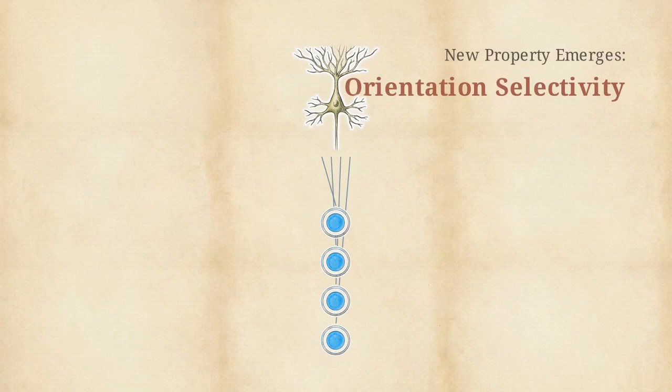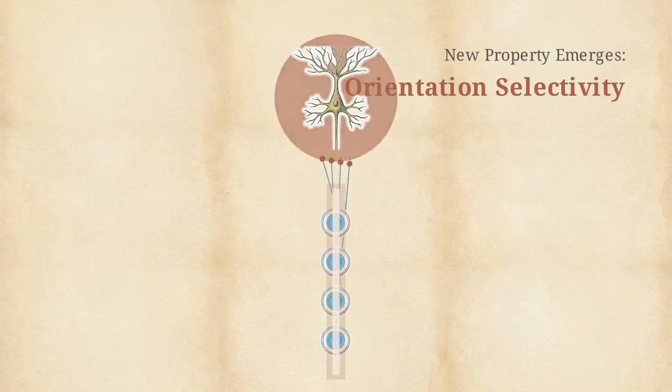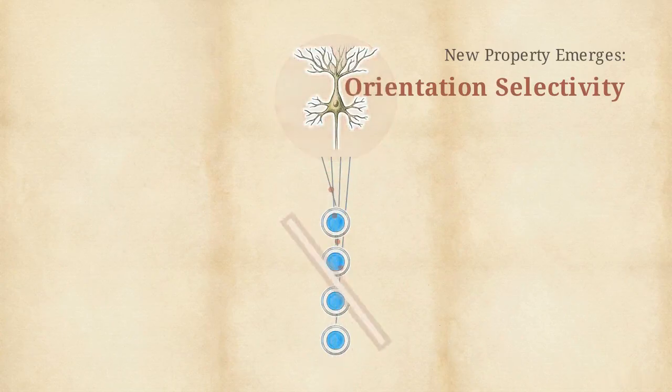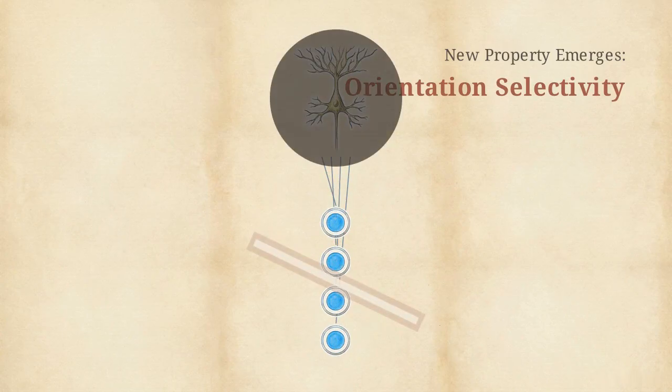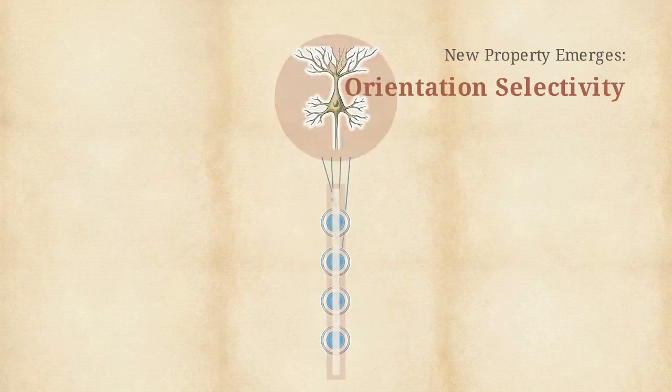If those incoming circular fields converge in a precise linear row, they create a new property, orientation selectivity. The V1 pyramidal neuron reaches its action potential threshold only when a line of light strikes all aligned circular centers simultaneously. Tilting that line of light causes it to miss the centers and strike the inhibitory surrounds, resulting in 0 spikes.